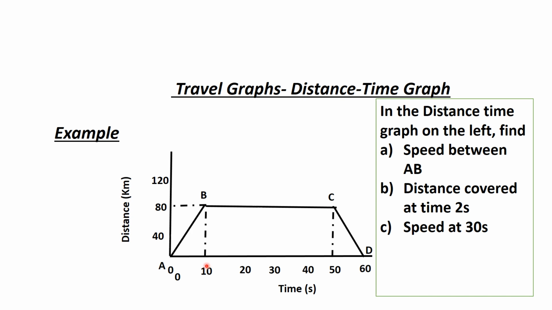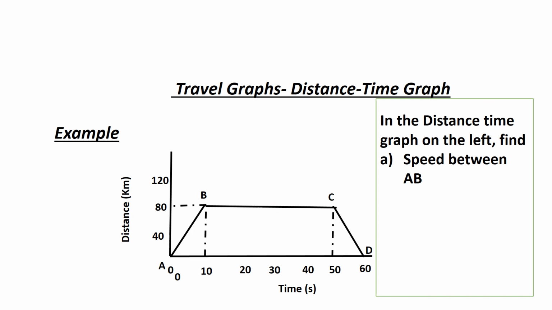We are not sure where exactly 2 seconds is, but we know it's somewhere here, so we're going to use what we know about this area, the uniform speed. Then also they want the speed at 30 seconds, which should be easy.